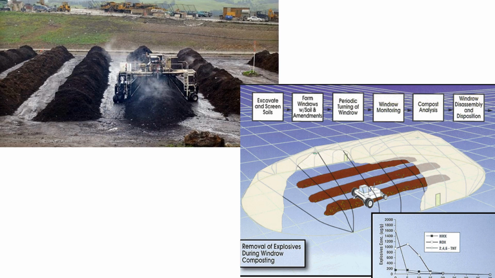If you see in the slide, we have soils piled up in rows. These rows of soil are called windrows. They are piled into rows, and you have a special tractor-like machine that is heavily involved in aerating.